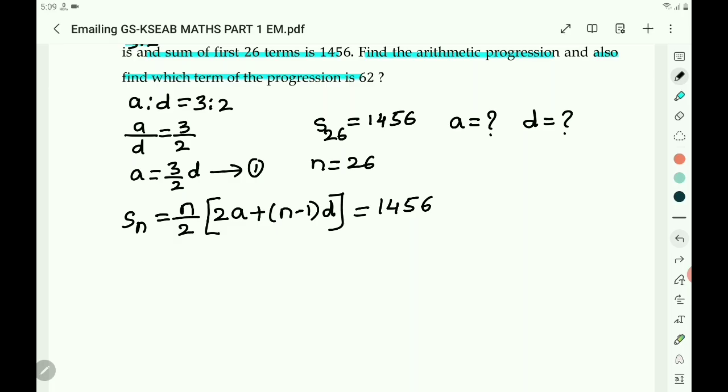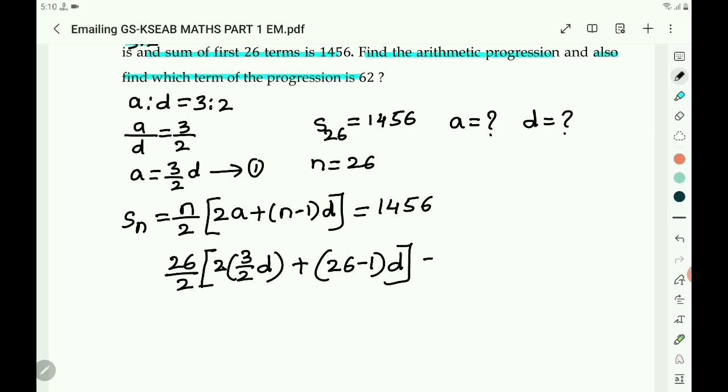That is 26/2 into 2a, where a is equal to 3/2 d. Write it as 3/2 d plus n, n is 26, minus 1, write d, equals 1456.